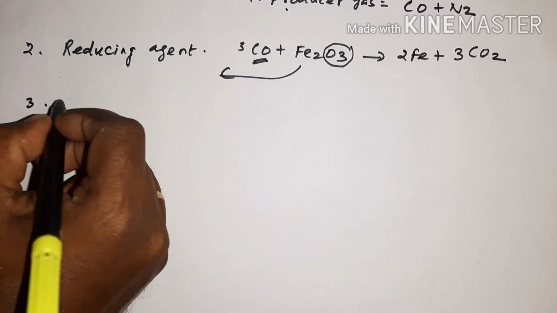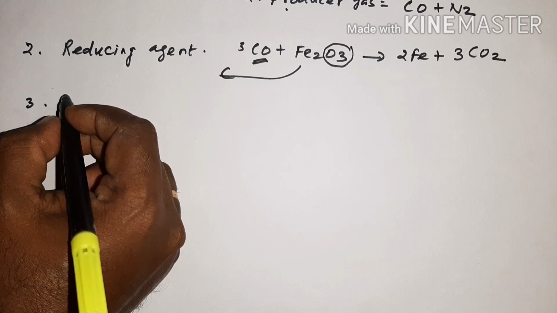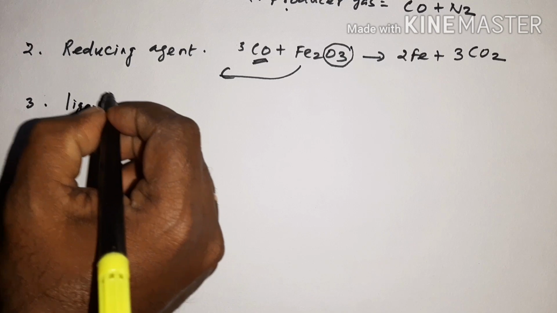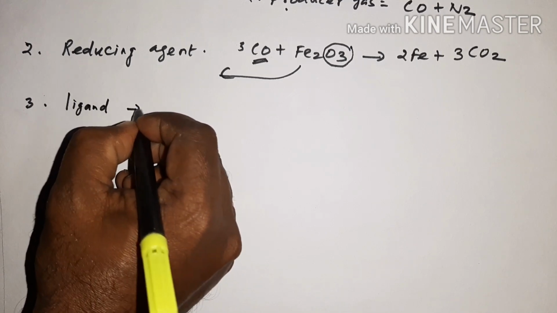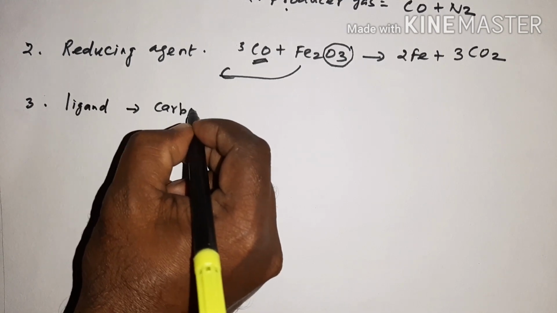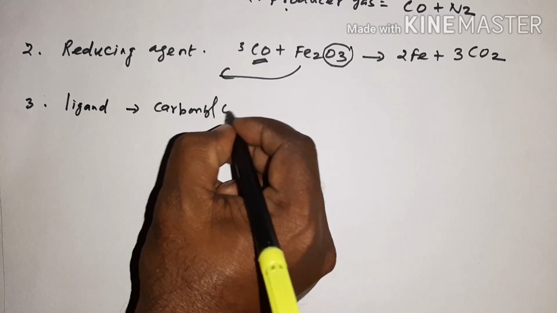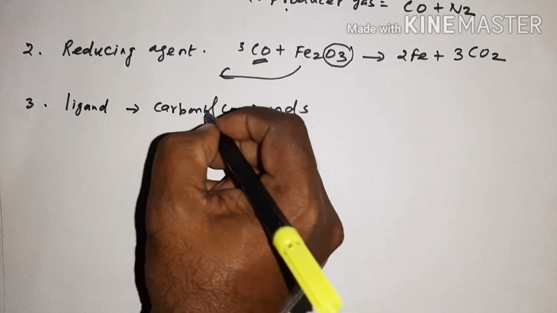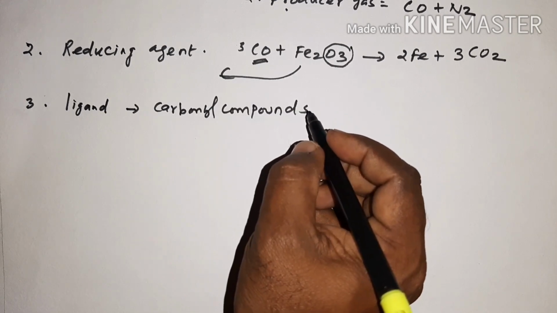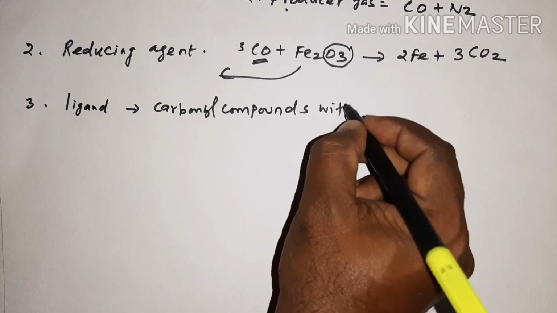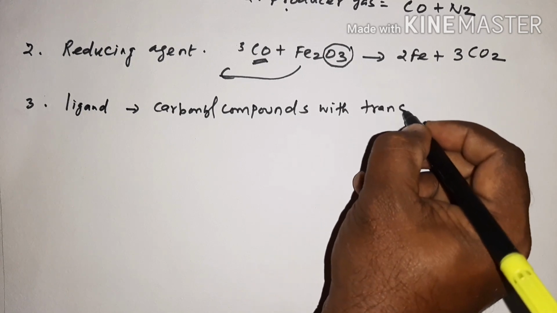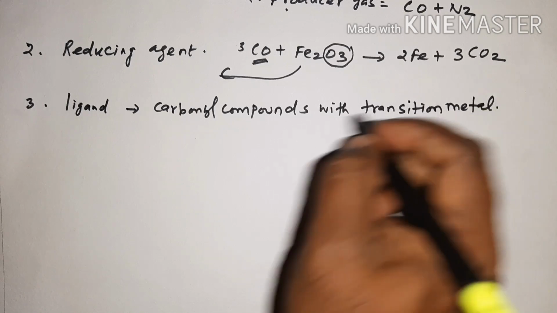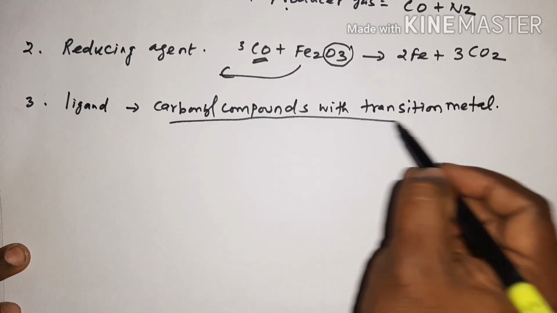Then third use, it is used as a ligand and forms carbonyl compounds with transition metal. Okay, so it is forming carbonyl compounds with transition metal.